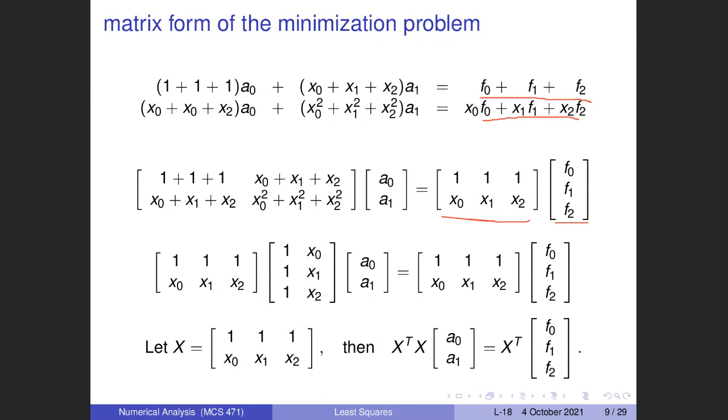Well, look at what happens if you do the same thing at the left. At the left, we have the 1 plus 1 plus 1 that comes from the matrix that we found at the right. And we also have, there's still a typo here, the x0 plus x1 plus x2.